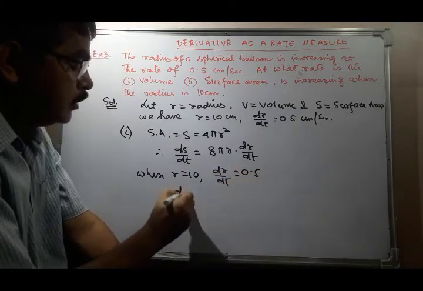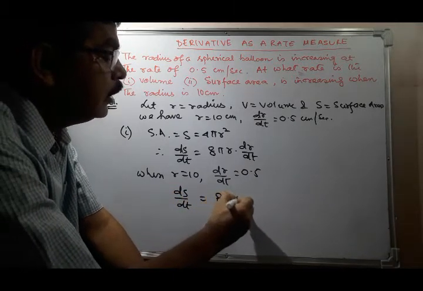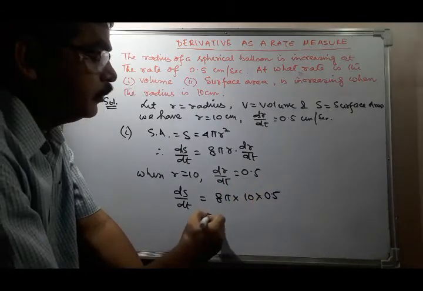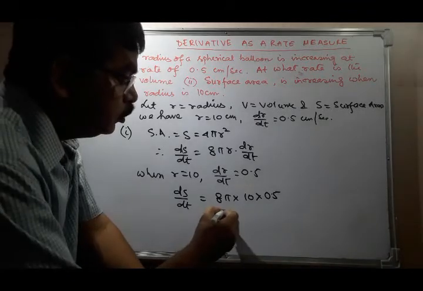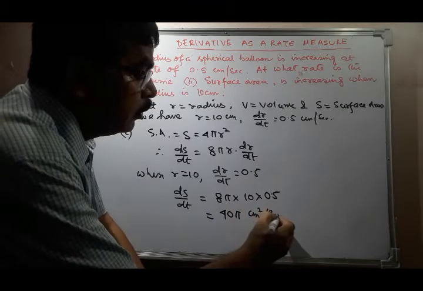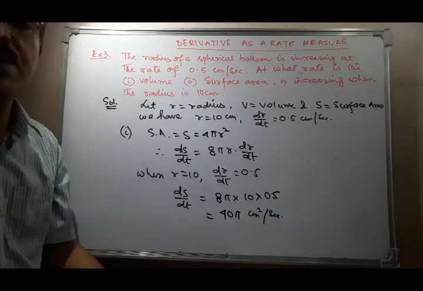So ds by dt equals 8 into pi into 10 into 0.5. So then what final answer will we get? That is equal to 40 pi centimeter square per second. So this is the answer, and the answer is completed.